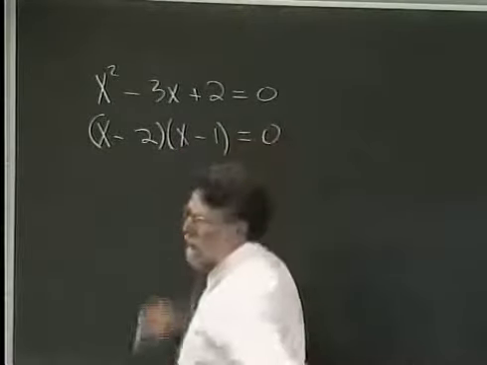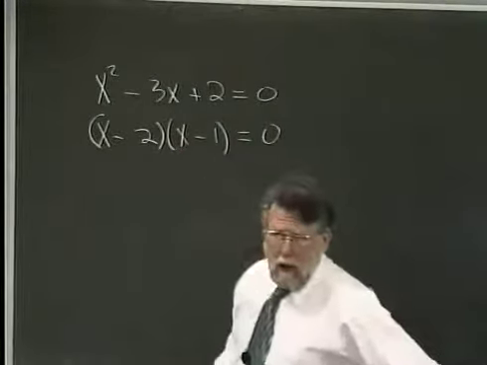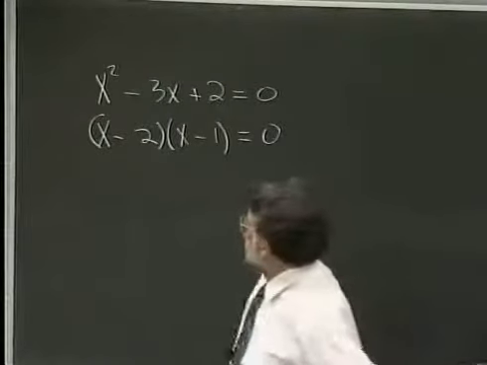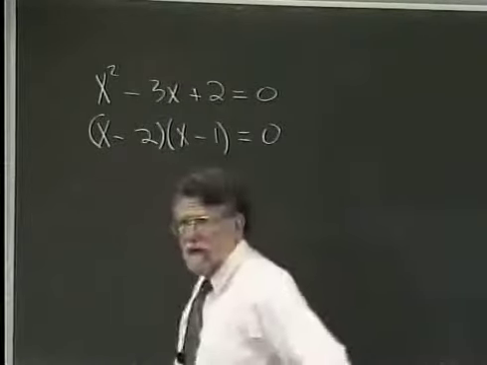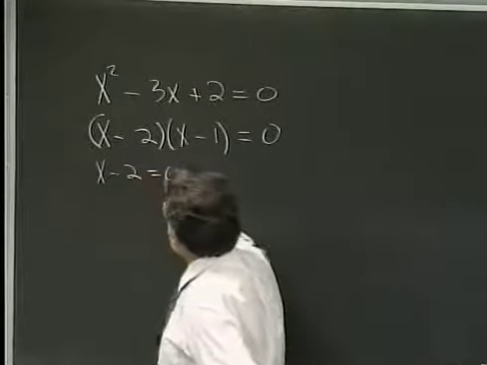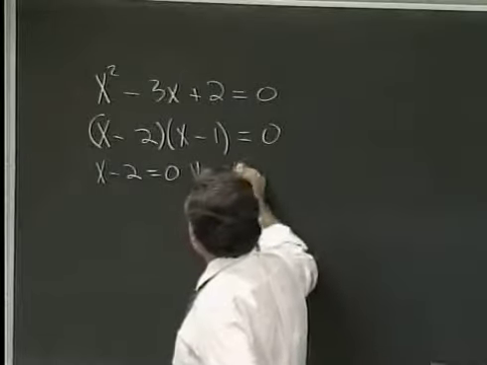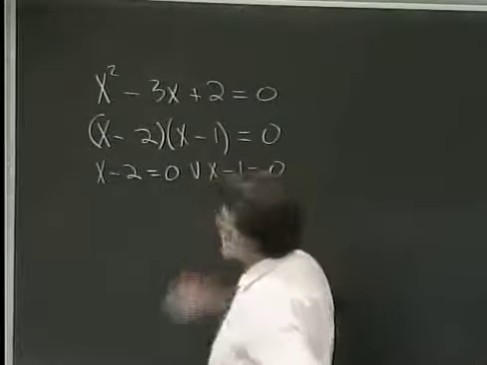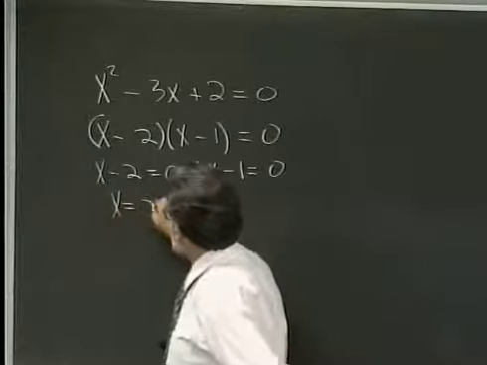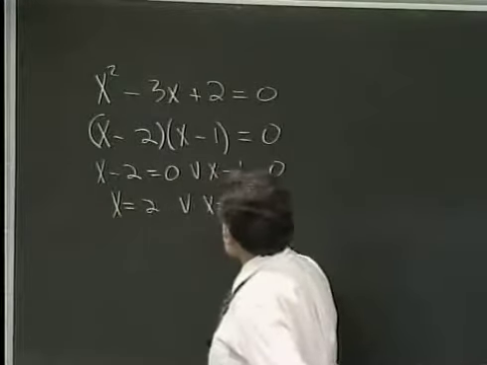We have a product equal to 0. The argument by the zero product rule: if this product gives you 0, then we argued one or the other of the factors must be 0. So that gave us an x equals 2 or an x equals 1.